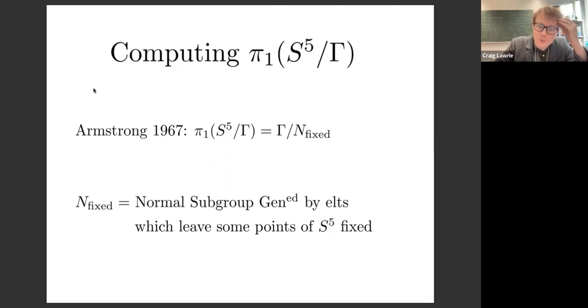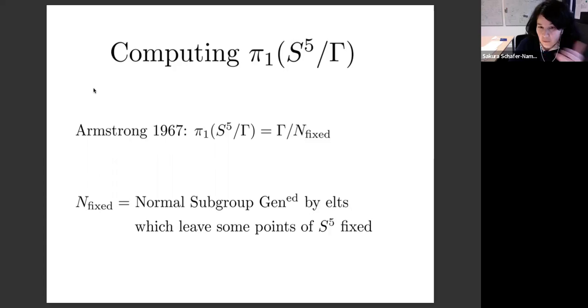Then I would also ask, once you know that, do you know how to track the changes in the defect group under mass deformations of that theory in some straightforward way? Although, no, again, because most one-form symmetries, for example, are emergent. You start with the E6 theory, or whatever, E_N theories, and only once you actually decouple will you reach a theory that has a one-form symmetry, if you decouple to SU(2) level 0.